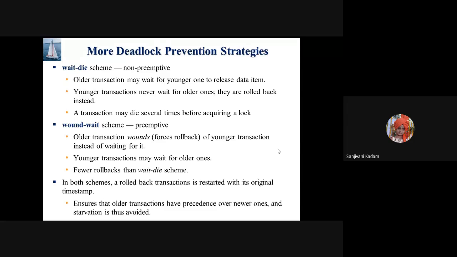Here the transactions are differentiated as per time, older transactions and younger transactions. Younger transactions are recent transactions, and older transactions are those which started in the past, very long ago.